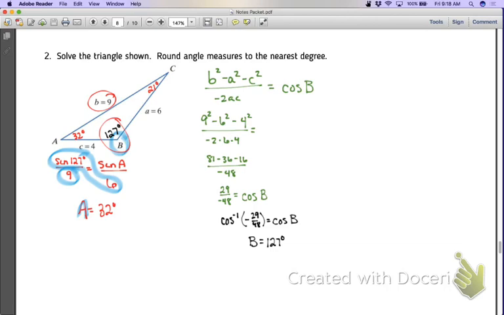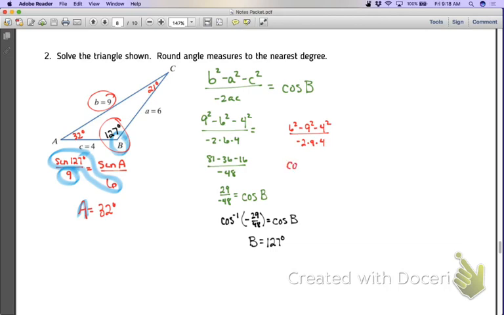And you can do the same thing, like I said, if you are finding A, then all you would do is you would just have 6 squared minus 9 squared minus 4 squared divided by negative 2 times 9 times 4.